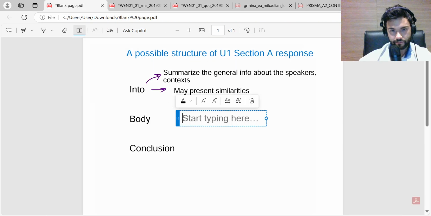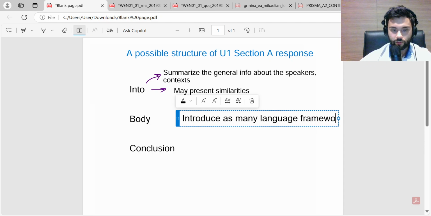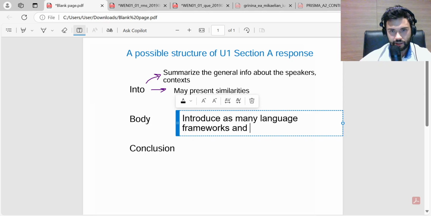So in the body, let's say we would like to introduce as many language frameworks and examples to evaluate.